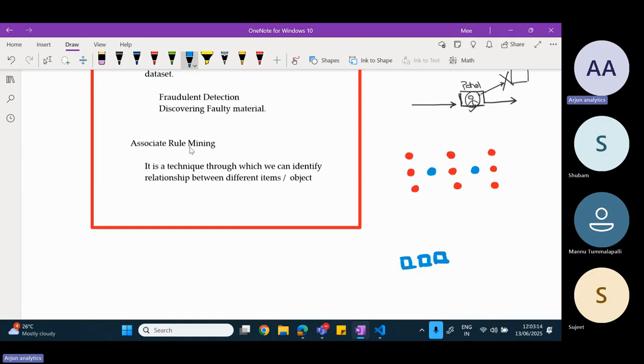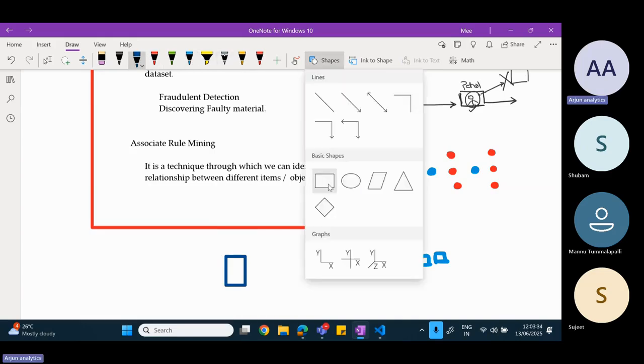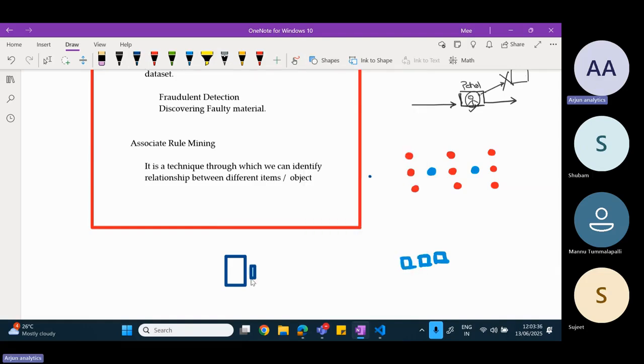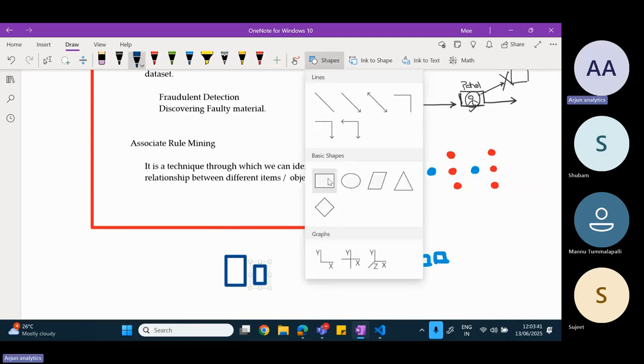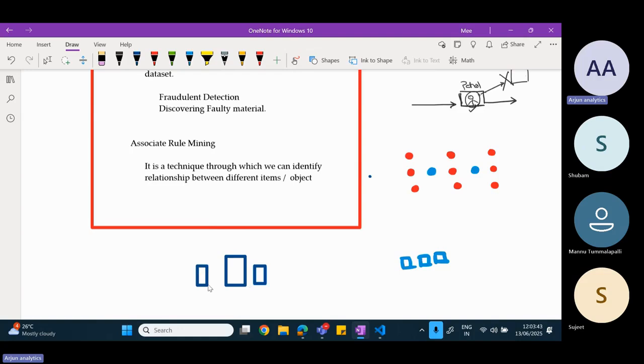But what does association rule mining mean? Take bread as an example. Next to the bread there will be cheese, and on the other side of the bread there will maybe be butter.